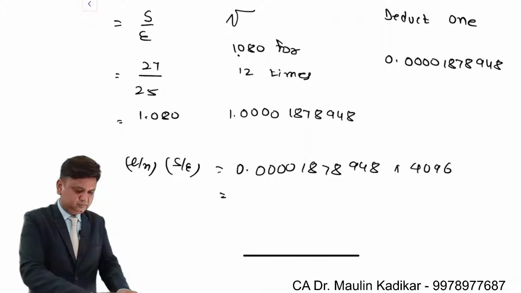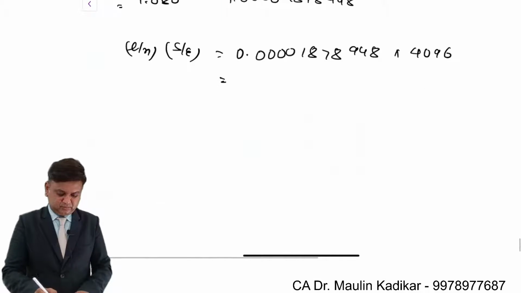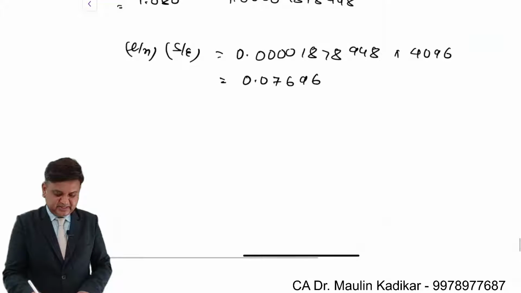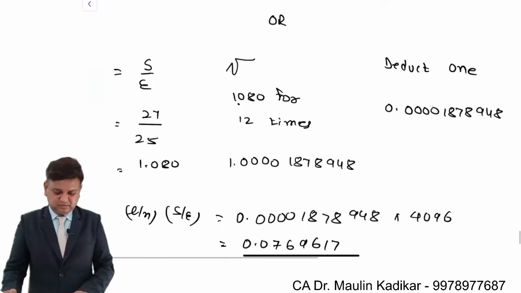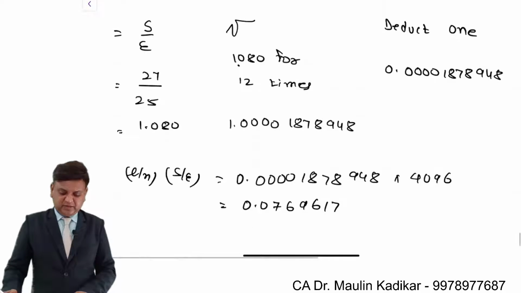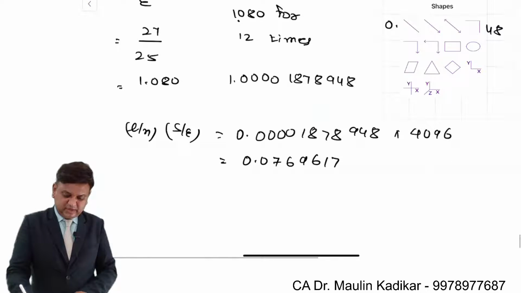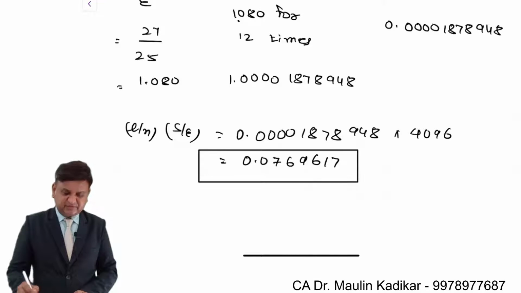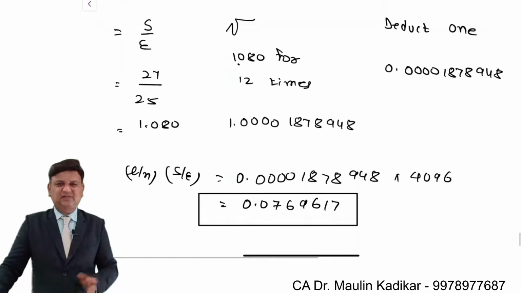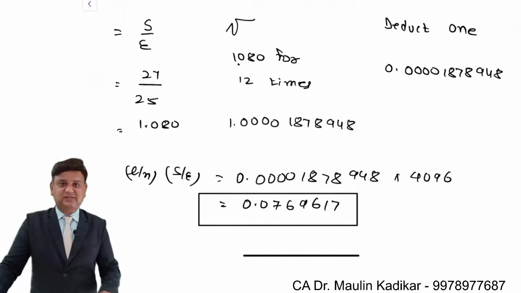So 0.769617. Either of the values we can take for doing the answer; I am going to carry forward this value for the purpose of calculation. Either of them will not make a huge difference.